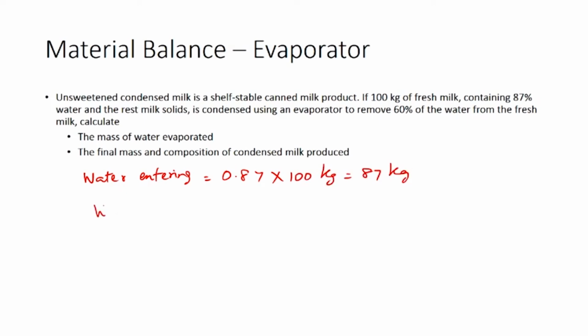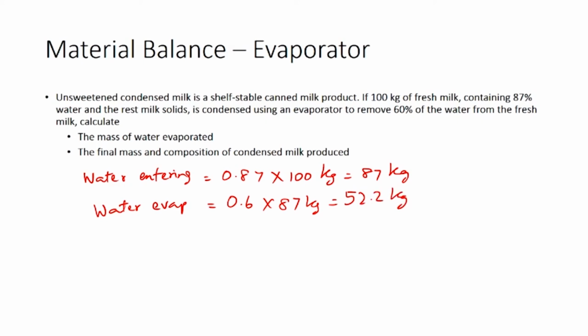So, water evaporated would be 0.6 times 87 kilograms, which will give you a final value of 52.2 kilograms.